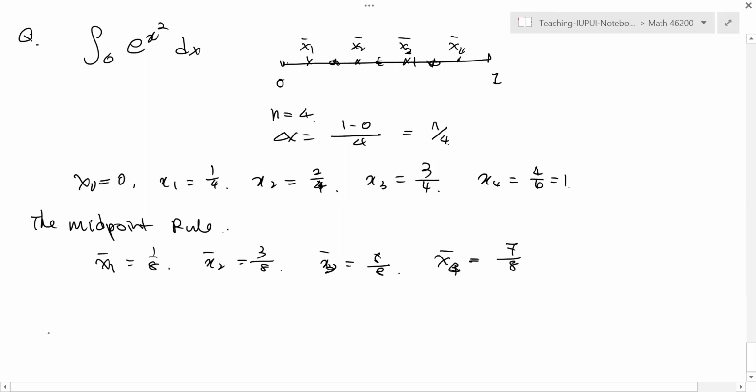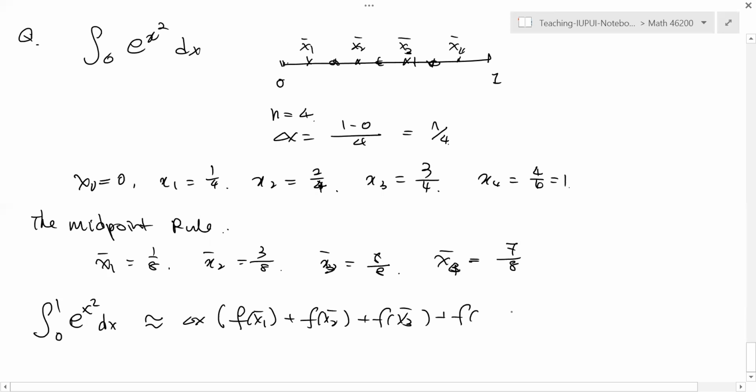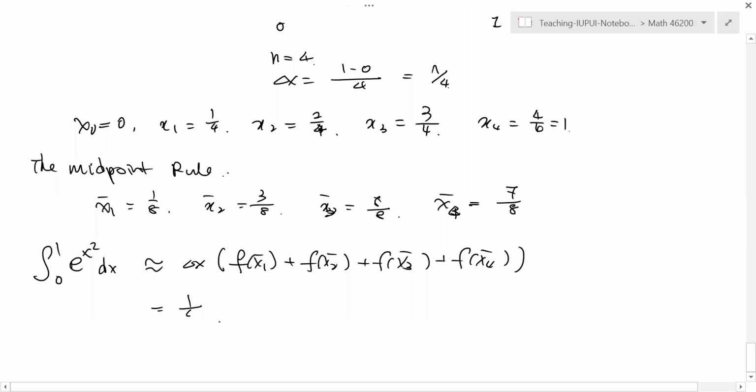Then the integral is approximated by delta x times f of x1 bar, f of x2 bar, f of x3 bar, f of x4 bar. So let's put in the details. What is delta x? 1/4.